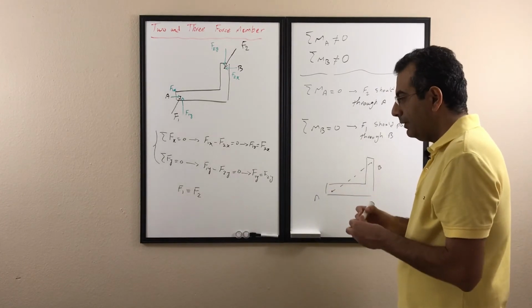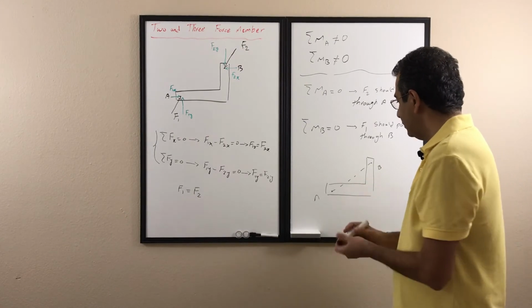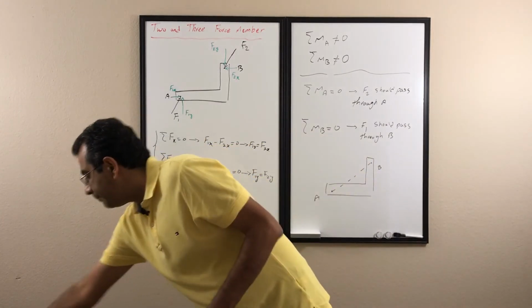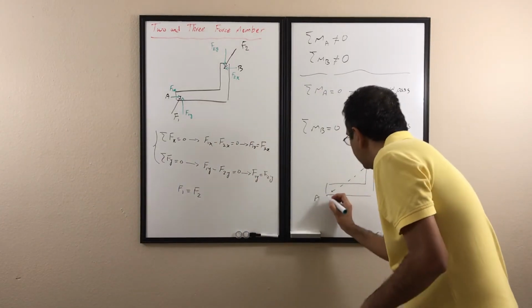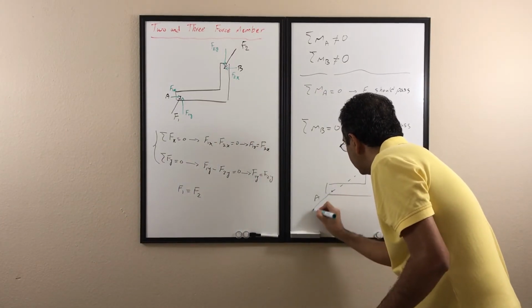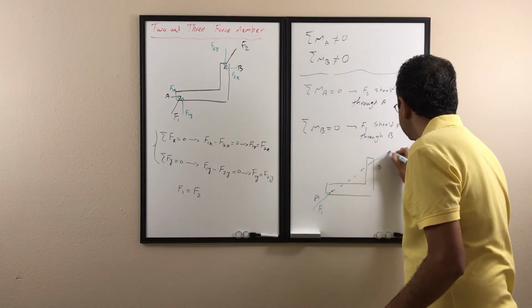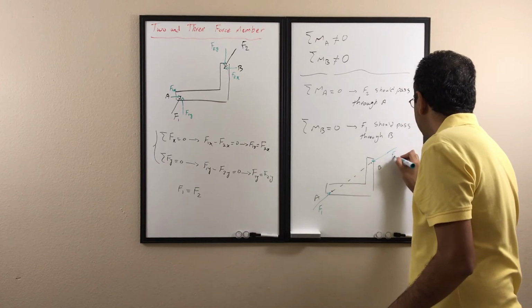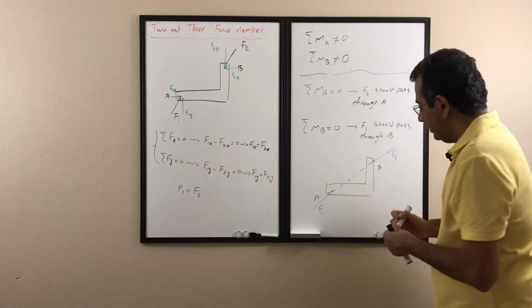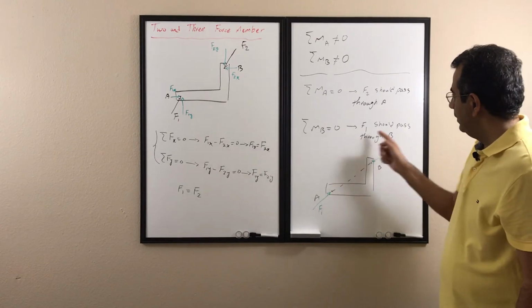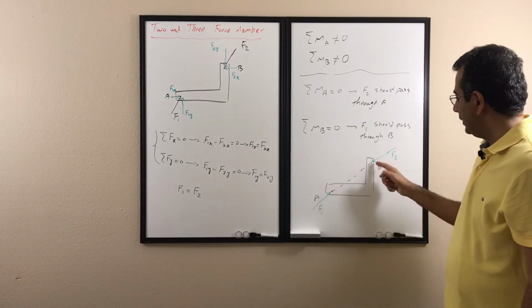The only way that the moment is going to be 0 is that F1 is like that, and F2 the same thing is going to be like that. In other words, that's the only way that F1 passes through B and F2 passes through A.